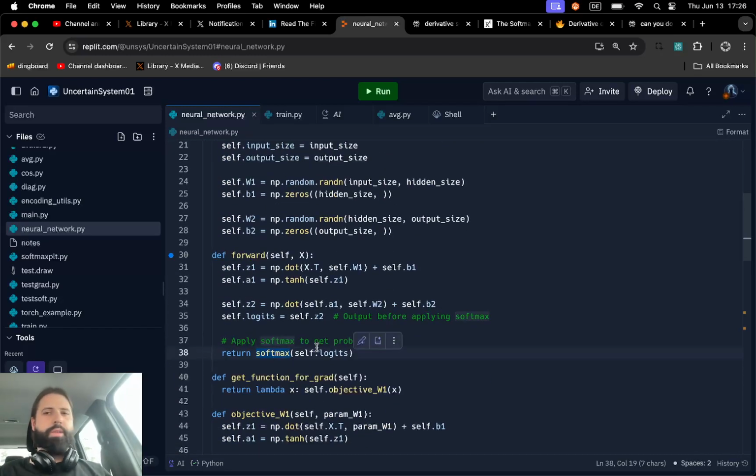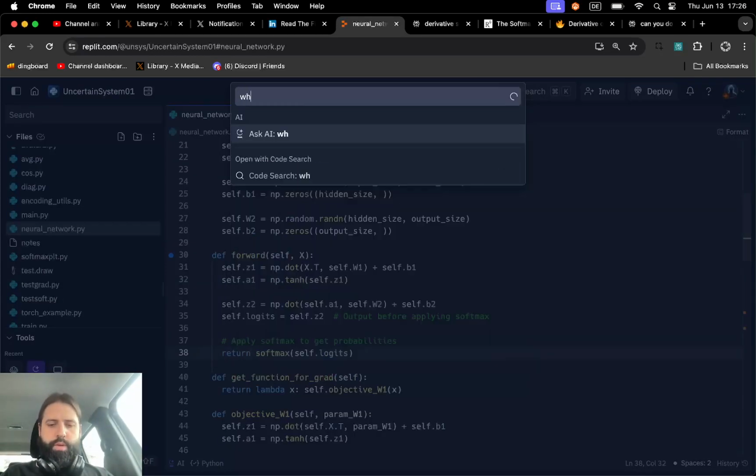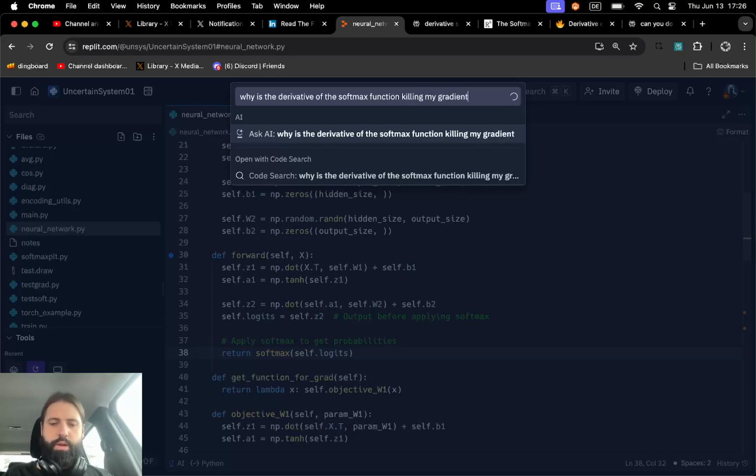It's the softmax activation function. So why is the derivative of the softmax function killing my gradient descent process?